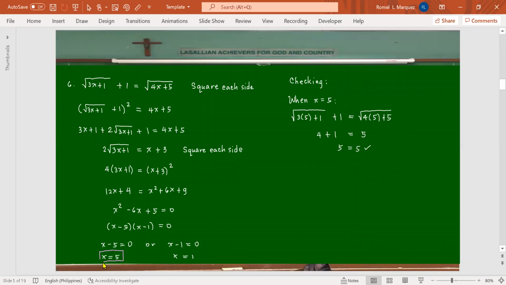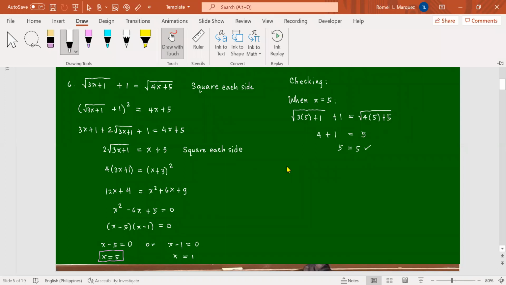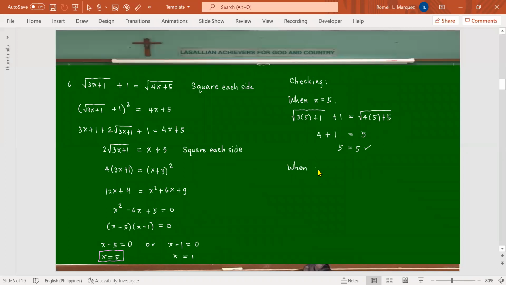This is an answer. Is the other one an answer also? Let's see. When x is equal to 1, you can do that mentally. The square root of 3 times 1 plus 1, plus 1, is equal to the square root of 4 times 1 plus 5.